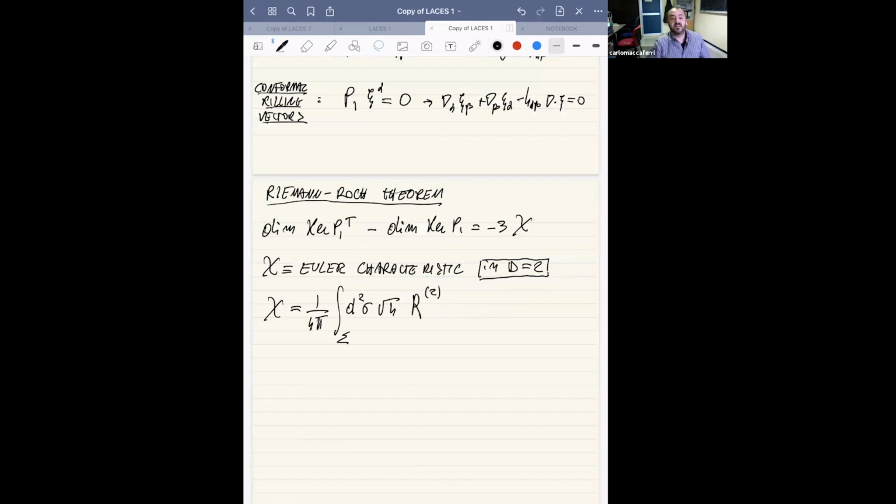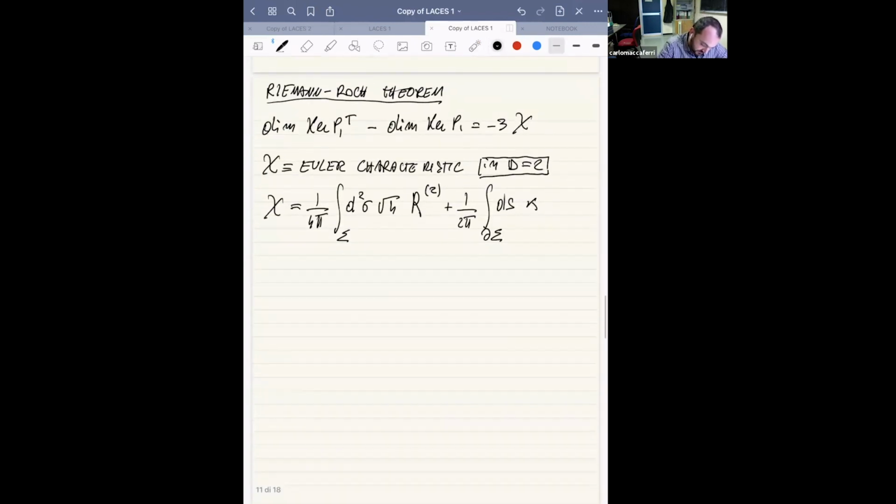That's the Einstein-Hilbert action in two dimensions. As I was telling you, gravity is not propagating in two dimensions. There are no local degrees of freedom. So this is purely a topological term in two dimensions. But remember that our worksheet can have boundaries, so we have to correct the definition of the Euler characteristic with something which is good also when we have a boundary, which is this thing here, where we have this k.